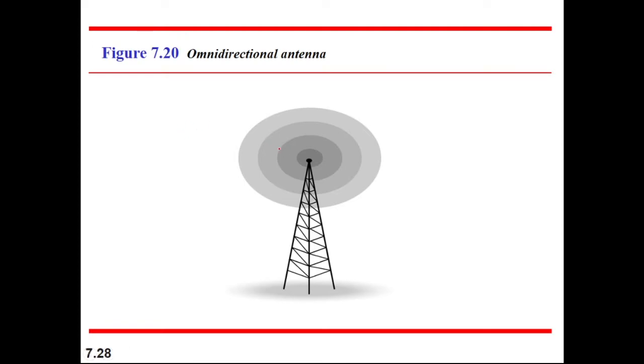Here you can see the range, the width of signal transmission. That means the signals can pass on all sides of this antenna. Obviously for radio and TV we need this type of signal, which must be passed everywhere. So for radio waves we need an omnidirectional antenna.